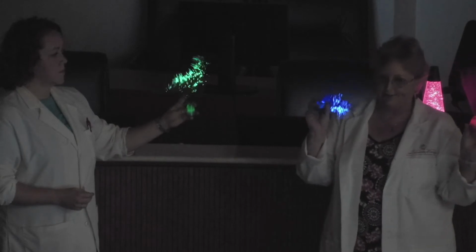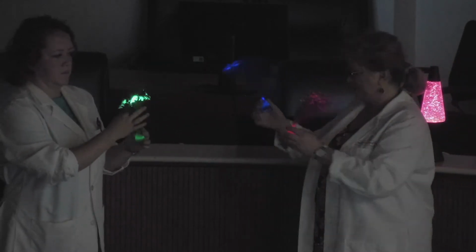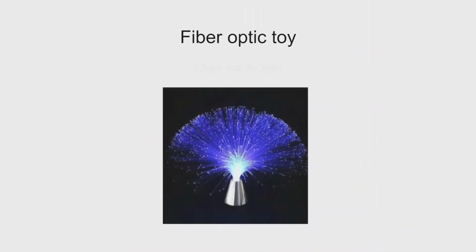So what type of energy, since it has a battery, do you think it starts with? And since we can see the colors, what type of energy do you think it transforms into? Okay, this is a simple one. It's chemical for the battery to light for the fiber optic lights.